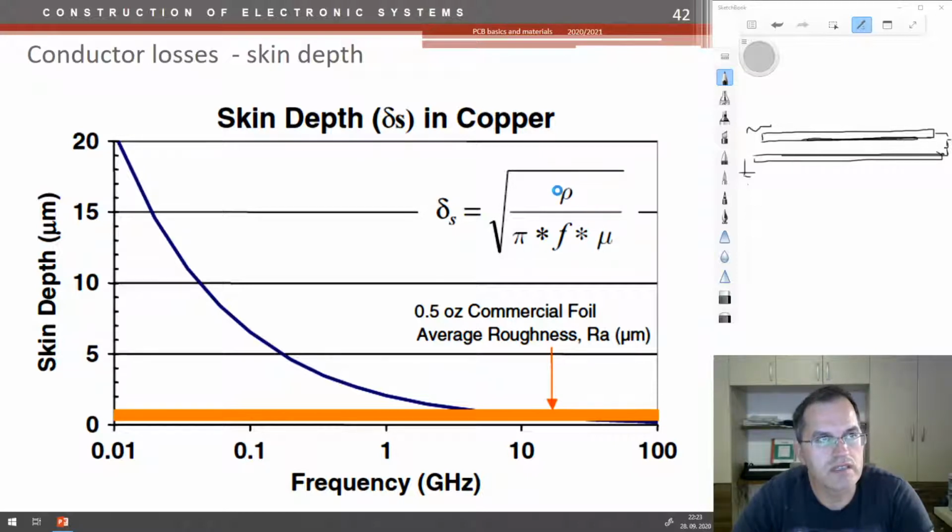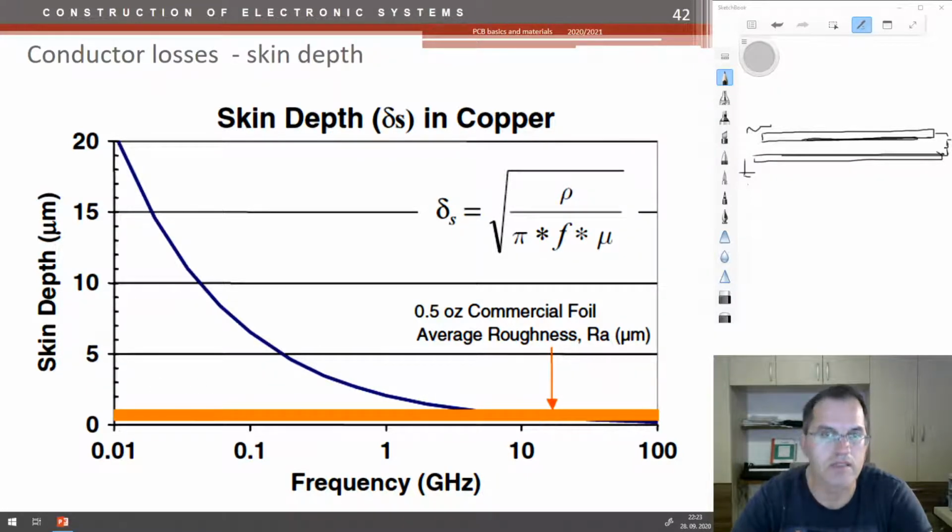The resistivity for copper is a usual value, the permeability as well. So the frequency is the only factor here. So when the frequency goes up, the skin depth goes down. Here you see that the skin depth at a frequency of 1 gigahertz is in the range of a few micrometers or even less.